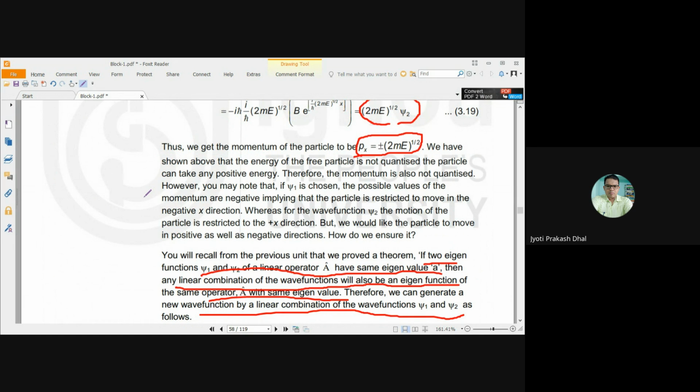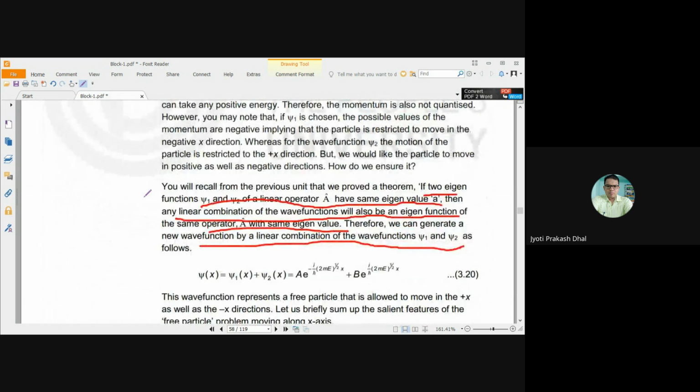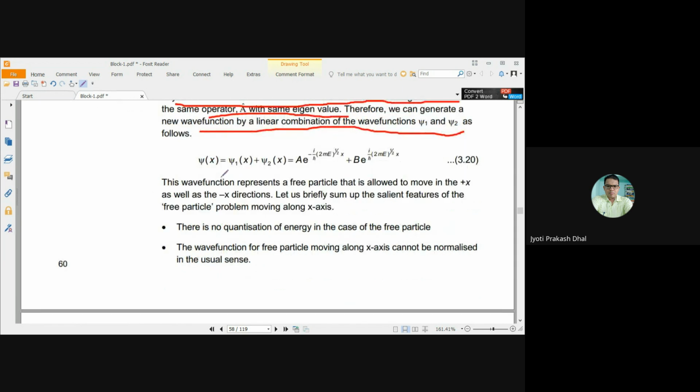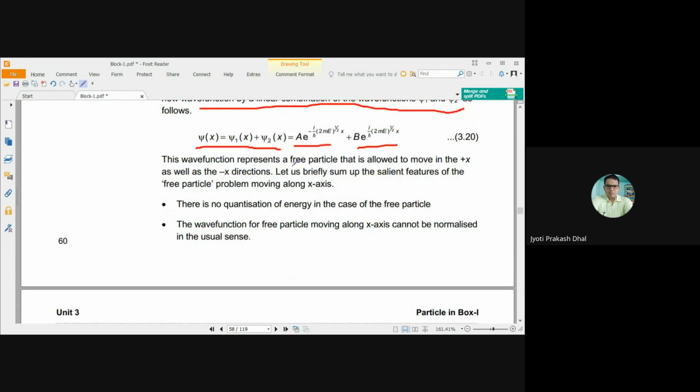But initially we considered that the particle is a free particle, and therefore we can generate a new wave function which is a linear combination of psi1 and psi2. The new wave function is psi(x) equals psi1(x) plus psi2(x), the first wave function plus the second wave function. This wave function represents the free particle that is allowed to move in the plus x axis as well as in the minus x axis.